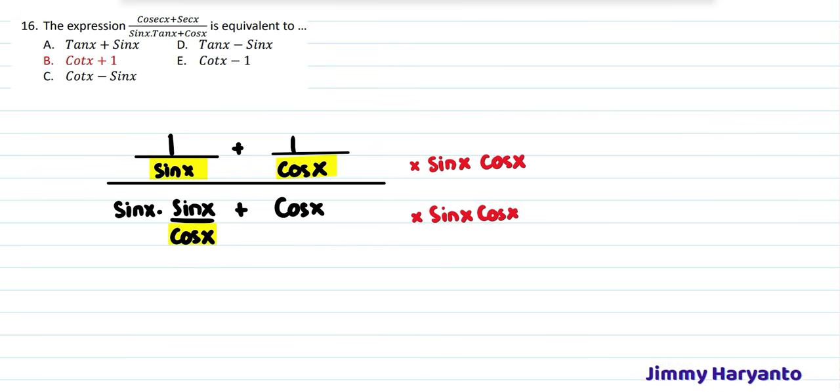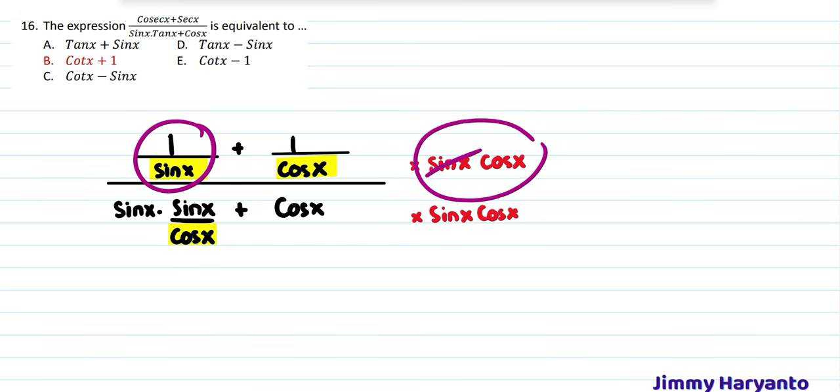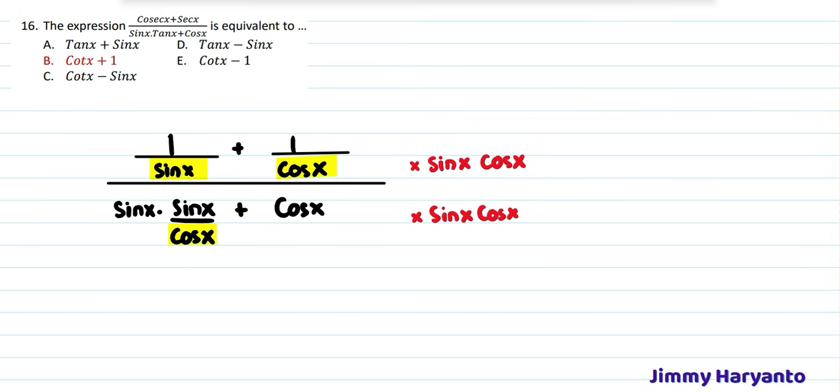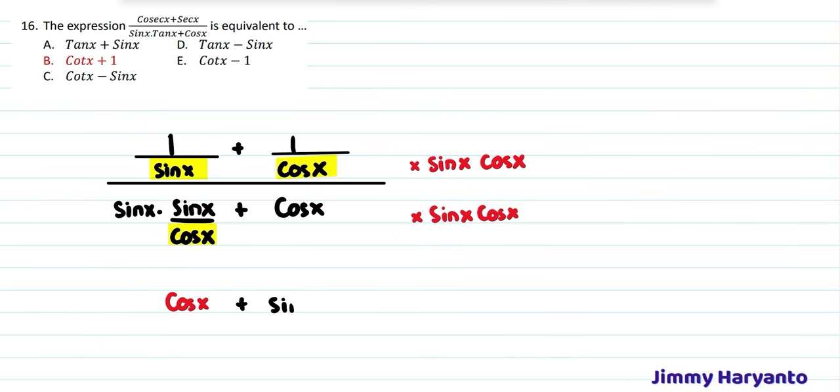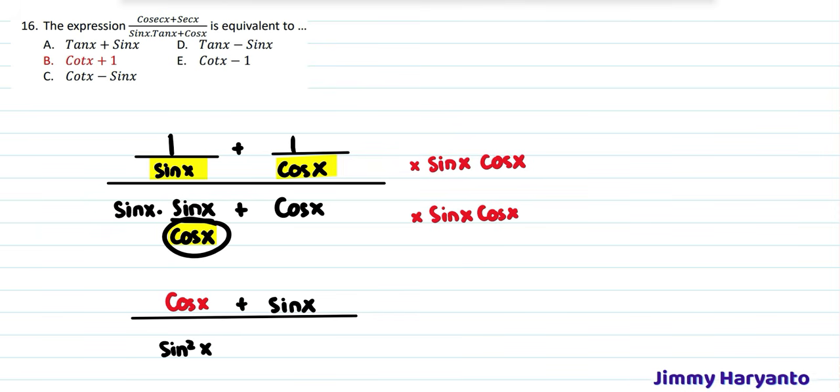Okay, let's multiply it. If you multiply this, the sine will be crossed out, so it will give you cos only. So this one is cos x, and then plus, when you multiply this, the cos will be eliminated, so you will only have sine x over, at the bottom, when you multiply this, you'll have sine square x, and then when you multiply this, the cos will be crossed out.